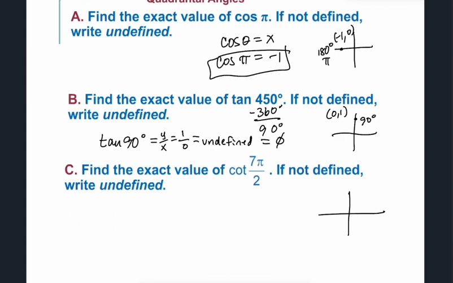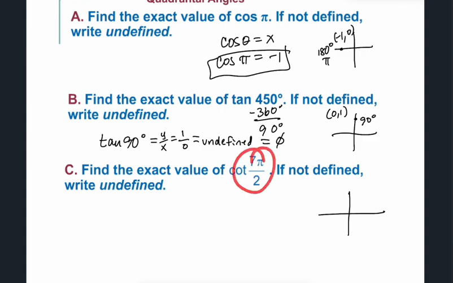Let's look at C. Does anybody remember which one of our reference angles has a 2 denominator? What's pi over 2? Anybody remember what pi over 2 is? Every pi is 180 degrees, so what's pi over 2? 90 degrees, half a pi, right?